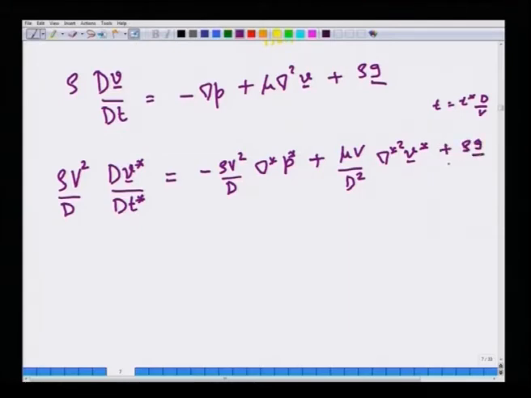We will keep rho g as such right now. Only thing I will write is g as the acceleration due to gravity times a unit vector which is dimensionless. So, it is rho g times g cap. g cap is a dimensionless unit vector.